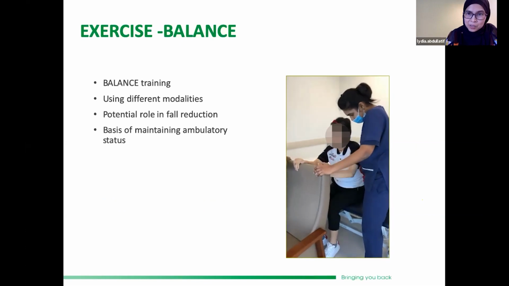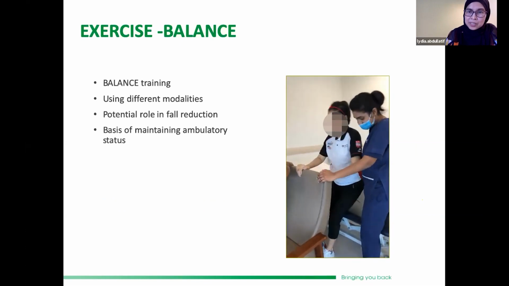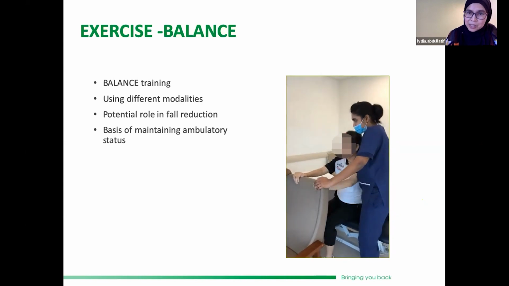This is our physiotherapist doing sit to stand, but it helps with balance because you need to keep both legs on the floor. For MND patients, you must perform it under the supervision of a physiotherapist first.